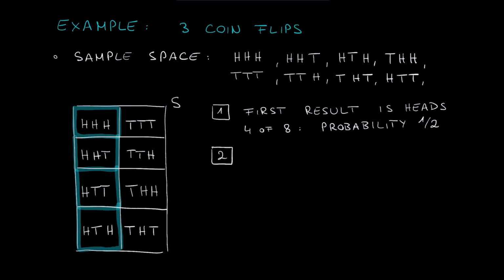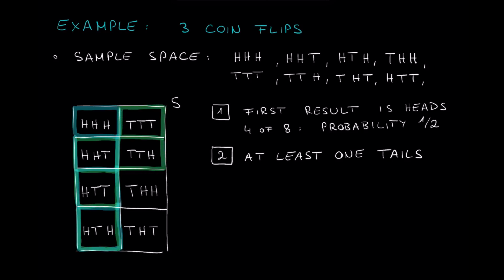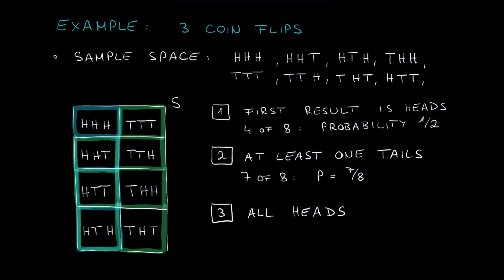The second event occurs when at least one result of the coin tosses is tails. Let's again count the cases in which this is fulfilled. We get 7 out of the 8 samples, so a probability of 7/8. In the third example event, we take a look at the event where all coin tosses result in heads.